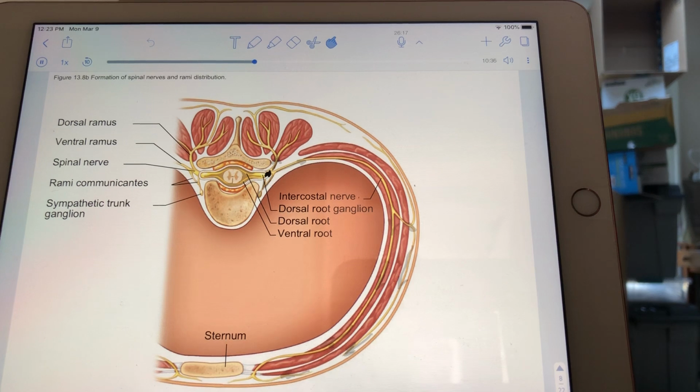Okay, we are in the thoracic region, and therefore this dot here represents one of the sympathetic trunk ganglia, and these branches here represent the rami communicantes.